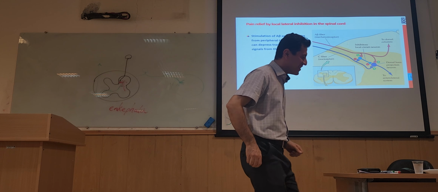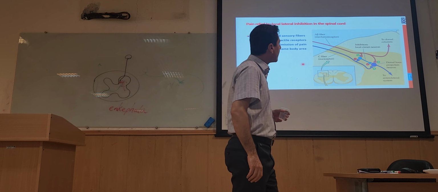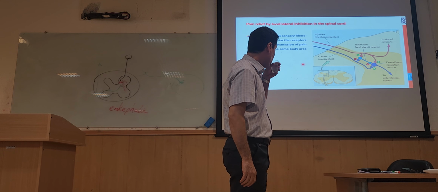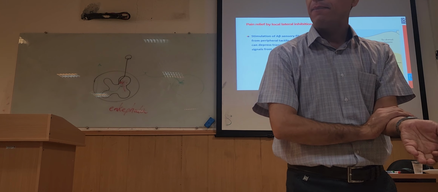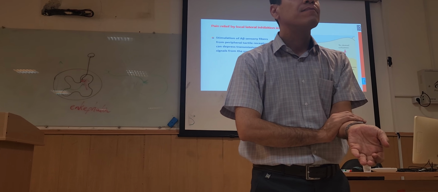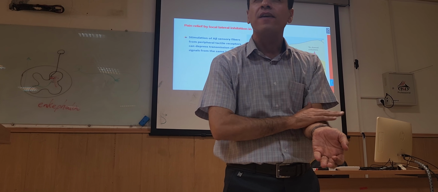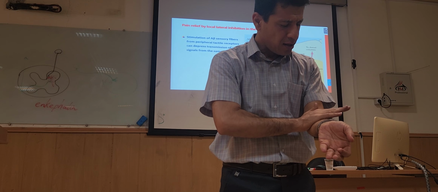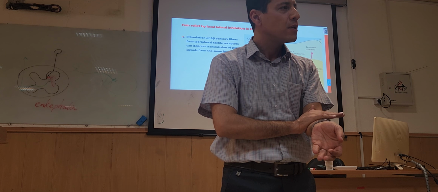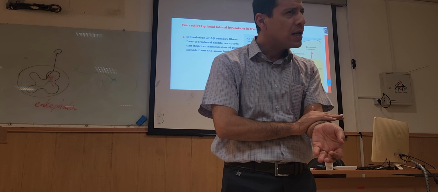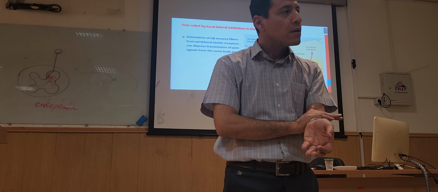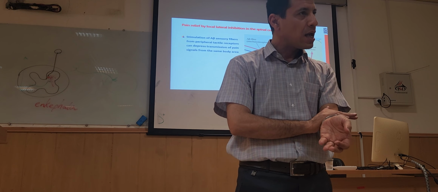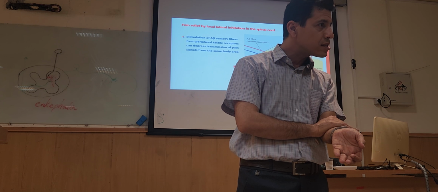Sometimes you are injured, you feel pain, and without thinking, you start to rub your skin, and you really feel relief after the injury. Why? It has a physiological basis.